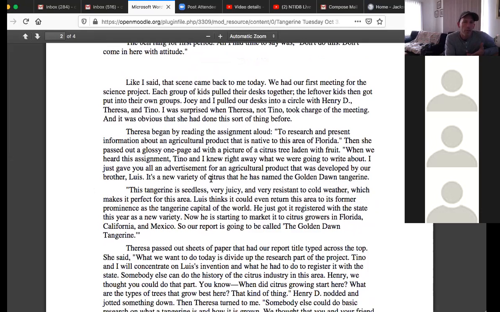When Paul hears about this assignment, and his friends that are from Tangerine, Tino knew right away what they were going to do, because Lewis had developed a new species of tangerine tree, which has a seedless fruit, and he's patented it and he's marketing it. So that's what they're doing their paper on.